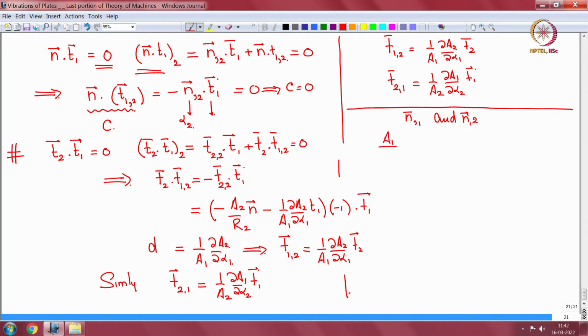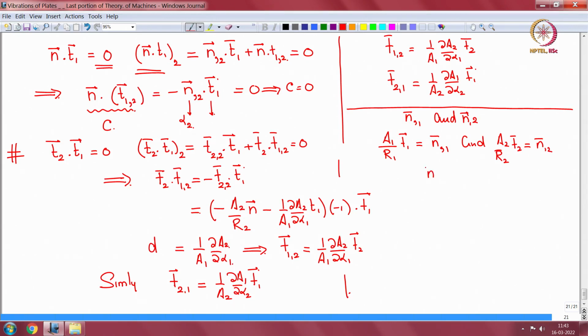A1 by R1 T1 is equal to n bar comma 1 and A2 by R2 T2 is equal to n bar comma 2. Okay. Now we are looking at a surface which is continuous. Okay.